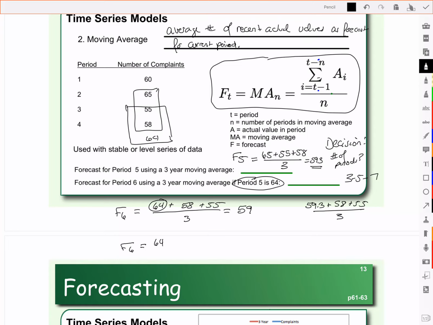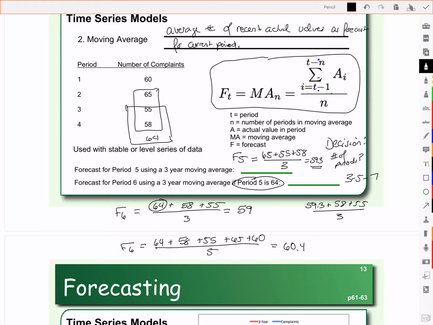So we use our 64 actual, if we have it, 58, 55, 65, and 60. We go back 5 years instead of 3, and we divide by 5 instead. So 64 plus 58 plus 55 plus 65 plus 60, all divided by 5, we get 60.4.